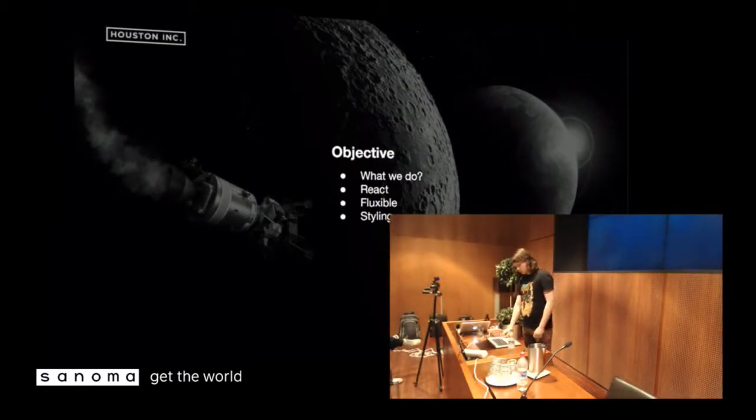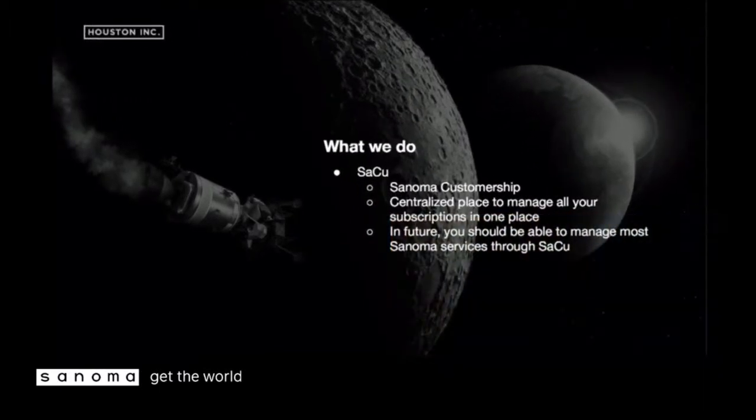We are doing this Sanoma customership project, a centralized place to manage all your subscriptions and stuff at Sanoma. Many of you probably know that, I guess. And little by little, more and more Sanoma services should be integrated into that. That's about it.